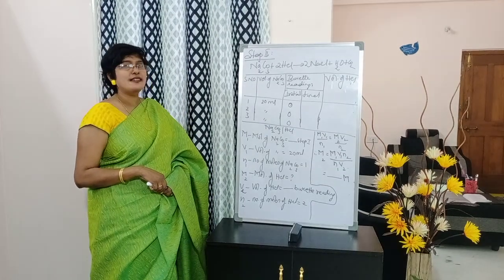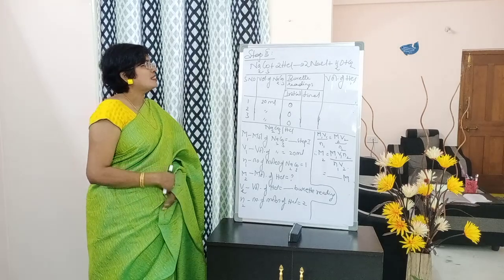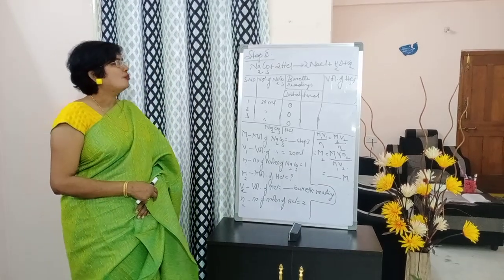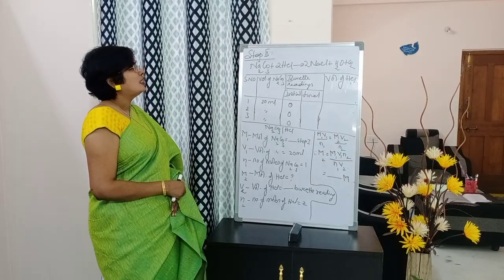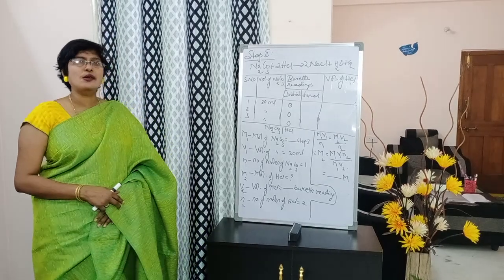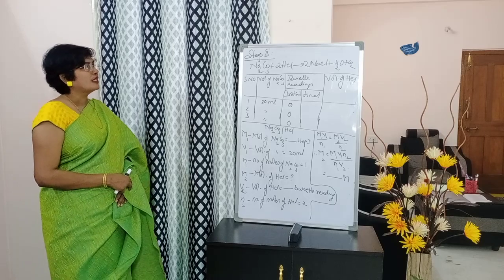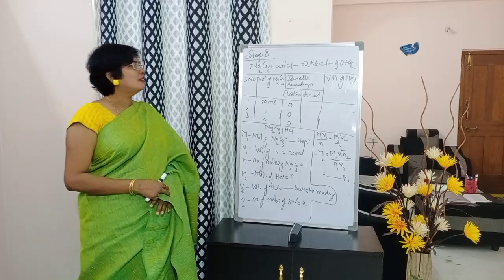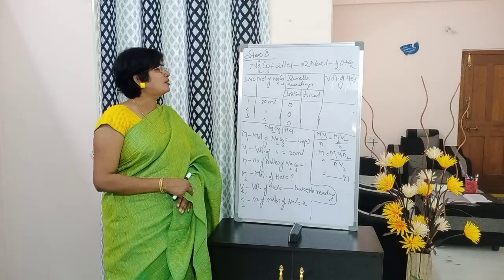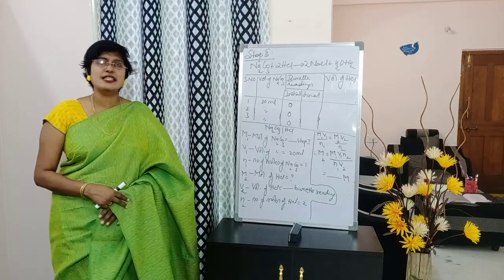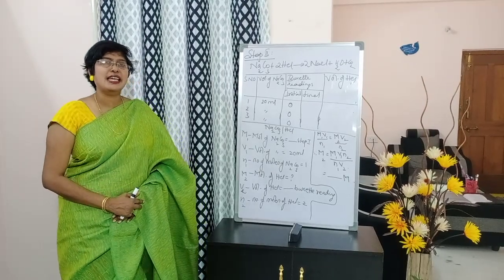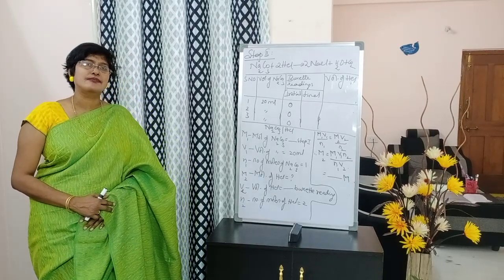Step 2, students. First, write down the reaction. Na2CO3 plus 2HCl gives rise to 2NaCl plus H2O plus CO2. Next comes the table. Serial number, volume of Na2CO3, burette readings: initial, final, volume of HCl. Draw neatly with a scale and pencil, students.